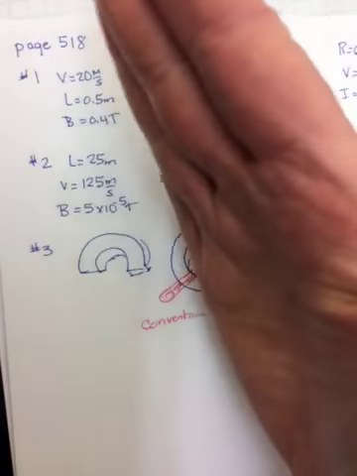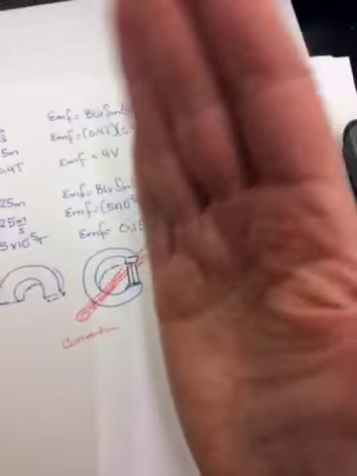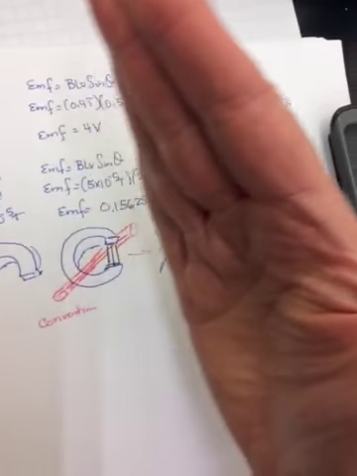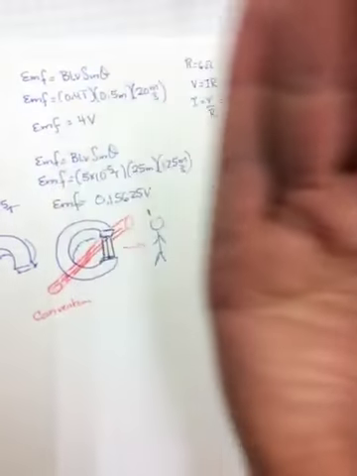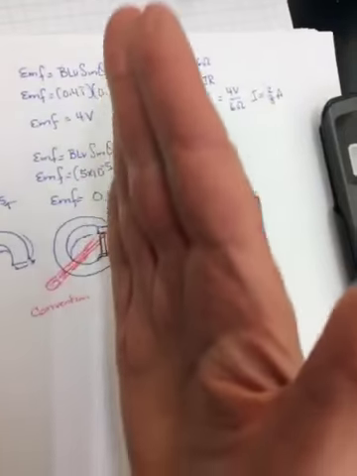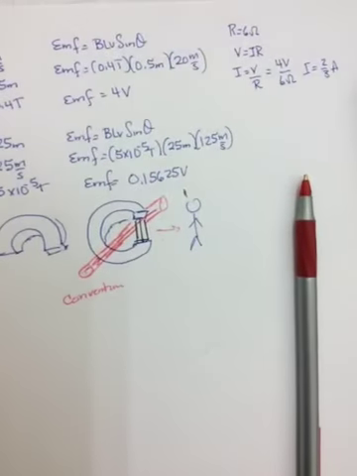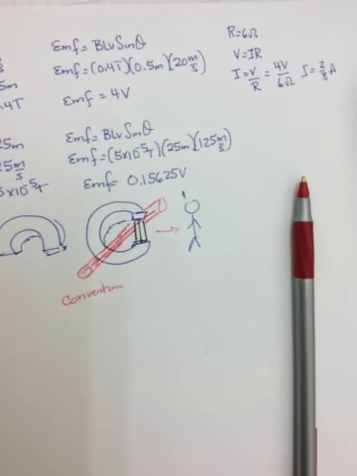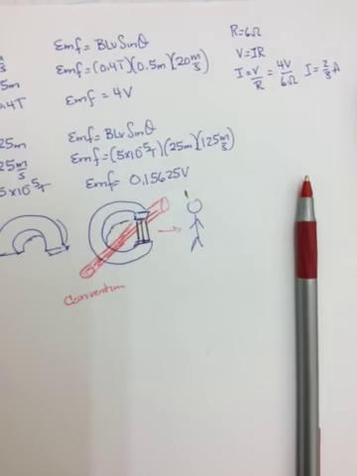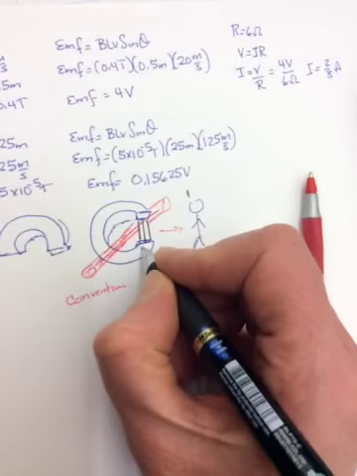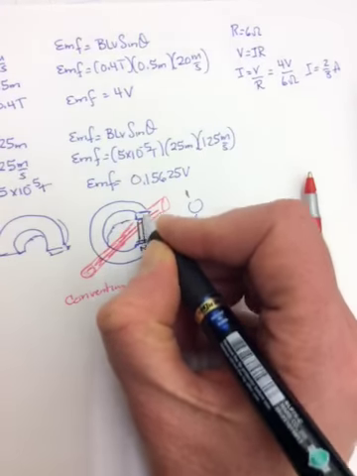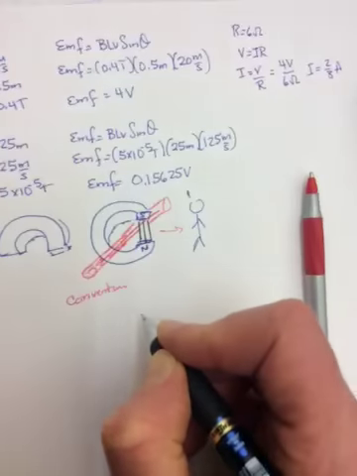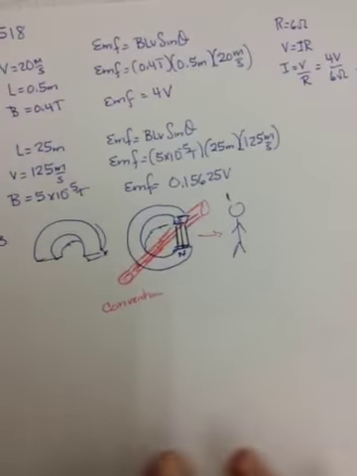So the force needs to be pointing from right to left, and the wire needs to be coming towards me, which means my fingers need to be pointing up. And so the question says, which is the north pole of the magnet? It has to be down here, because my fingers have to be pointing up, and the field lines always go from north to south. Okay?